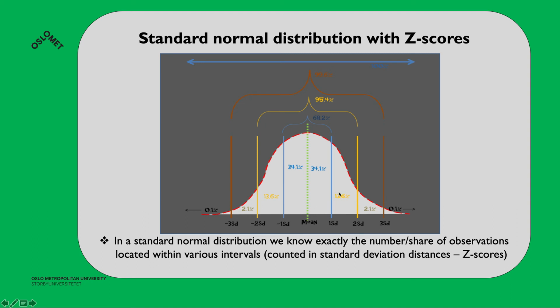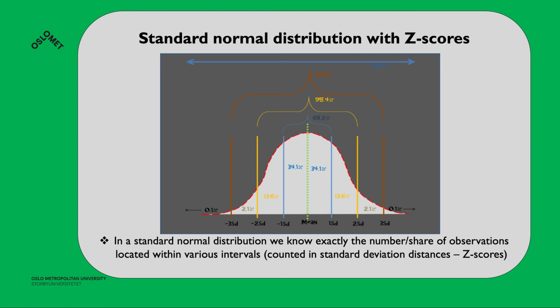It's only 13.6% of all men, for example, who are that high. And it's only 2.1% that are between 2 and 3 standard deviations higher, and only 2.1% that are between 2 and 3 standard deviations lower than the mean. So in the standard normal distribution, we know exactly the share of observations located within various intervals counted in standard deviation distances, or so-called z-scores.